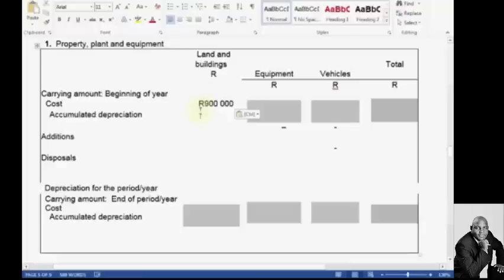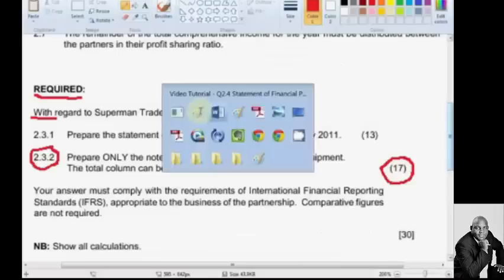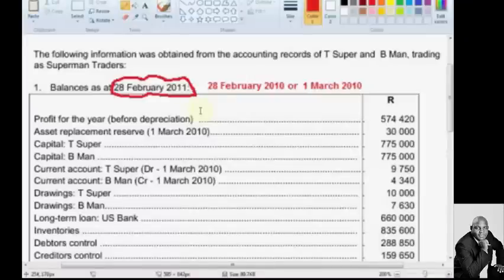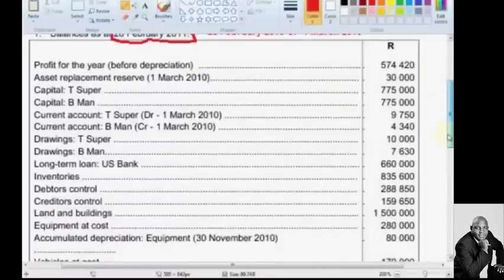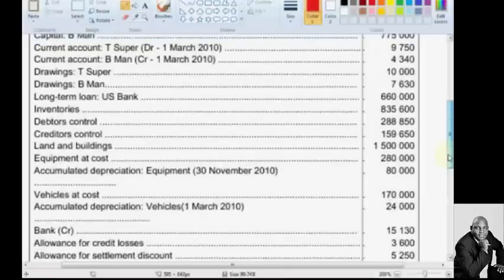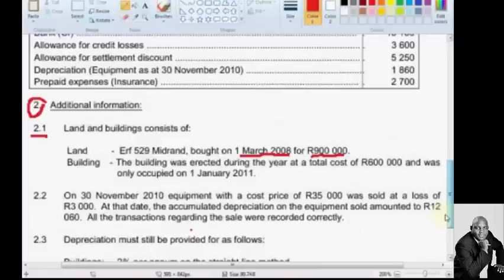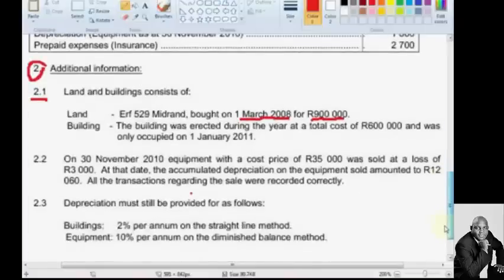And then we need to find the depreciation for that year. So the next question is, did we have depreciation on our property? We'll look through it. As you can see, there was no depreciation, and nothing is mentioned of depreciation.